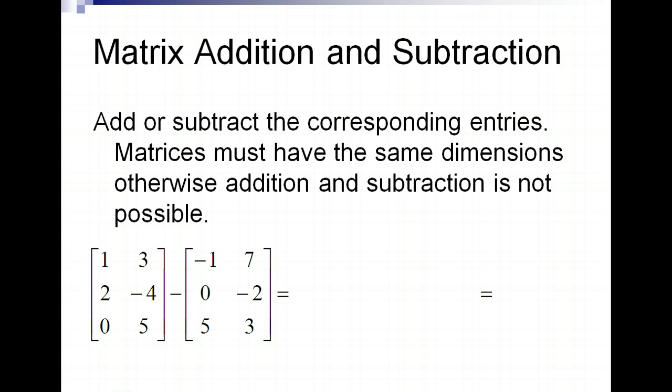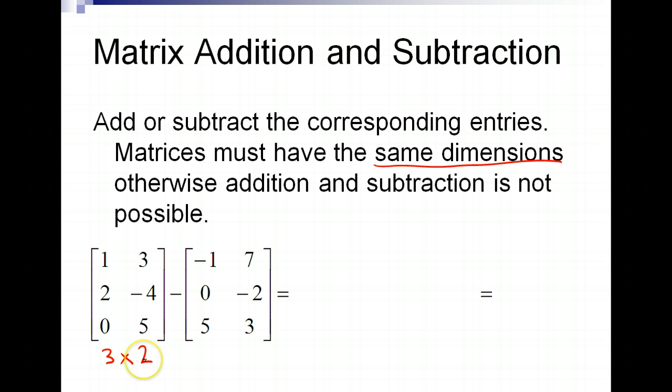Matrix addition and subtraction. Addition and subtraction are pretty straightforward in the matrix world. The one thing that you have to notice is that the matrices must have the same dimensions. So I need to look at these two matrices and find the dimensions. In this first matrix, I have 1, 2, 3 rows and 1, 2 columns.